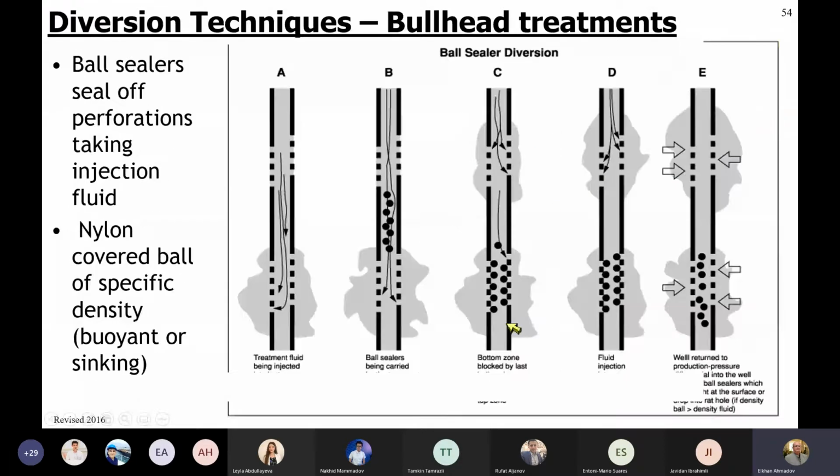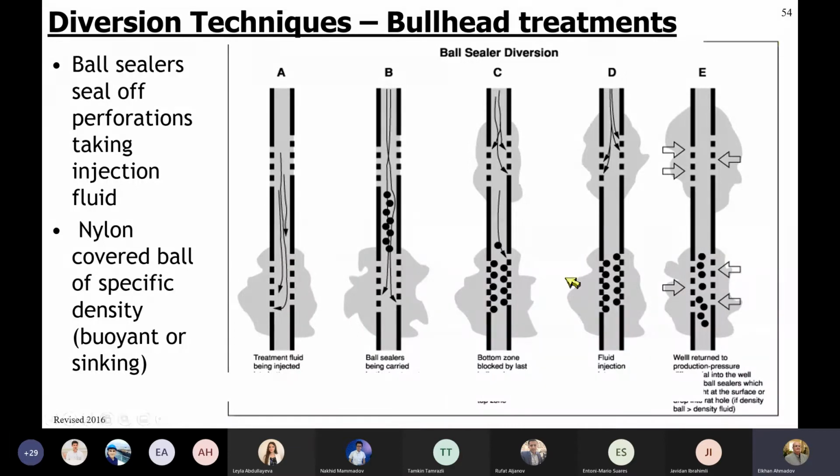And this is how the ball sealers work. First, we clean the zone that is less damaged, and then we inject the ball sealers.